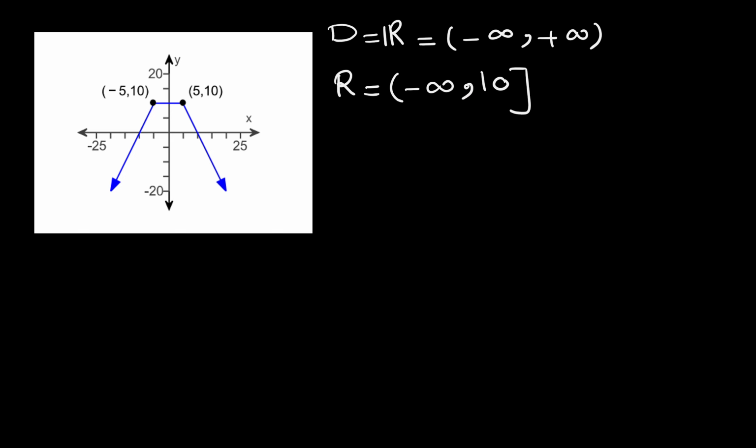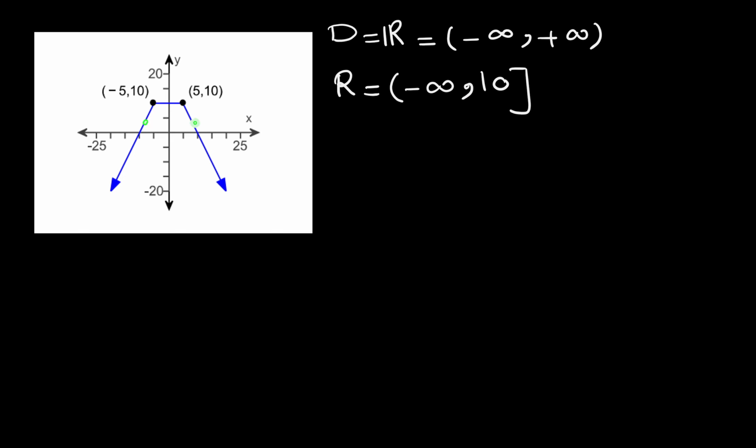By looking at the graph of the function, you see that it is symmetric with respect to the y-axis. We have the point 5, 10, and the same distance on the other side there is another point, negative 5, 10. Here I have the point 10, 0, and the same distance from the y-axis is negative 10, 0.